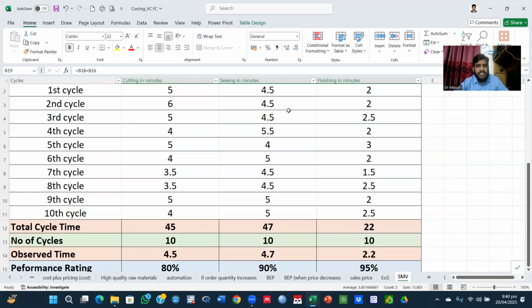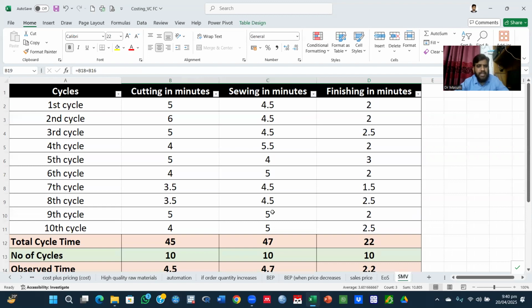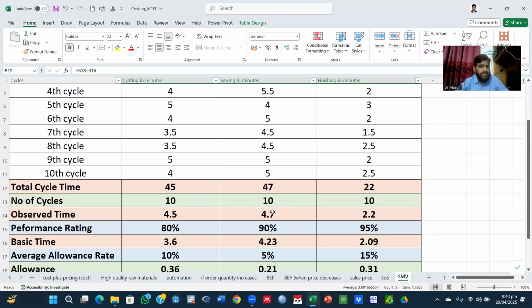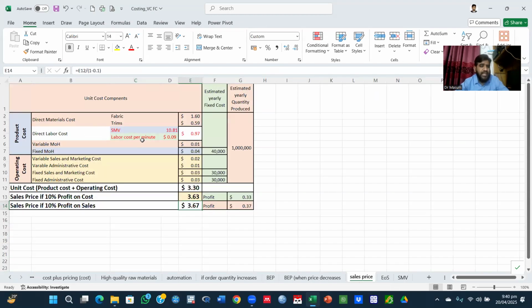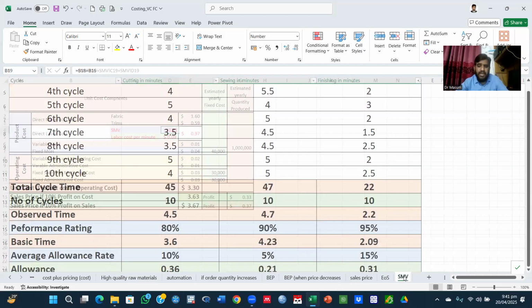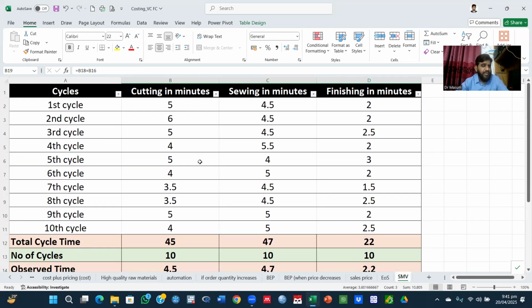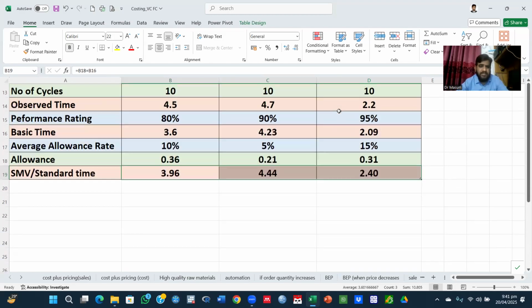Similarly, these are done in a similar manner. You have to calculate SMB, and SMB is important because without SMB you cannot calculate the labor cost. There are some more applications of SMB, and we are going to discuss them in more detail in a separate lecture. For the moment, if you have any questions, you can raise them.